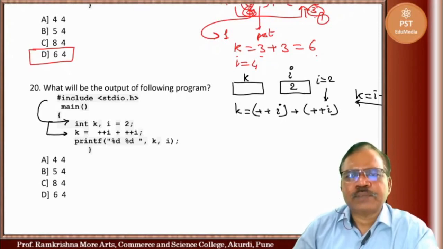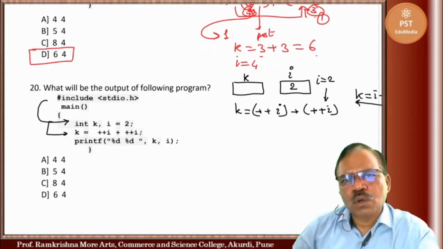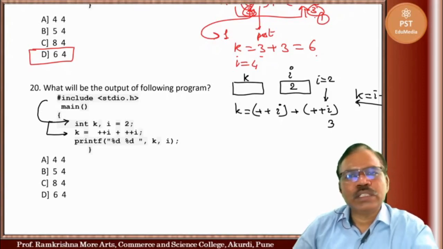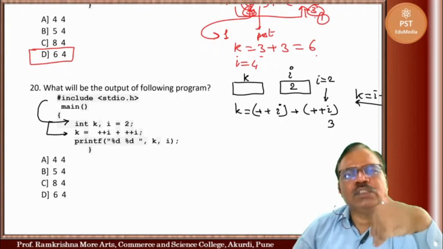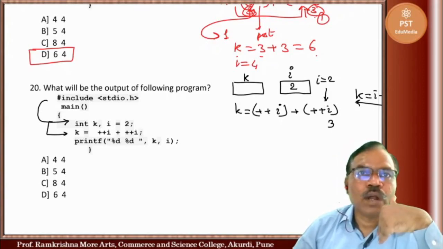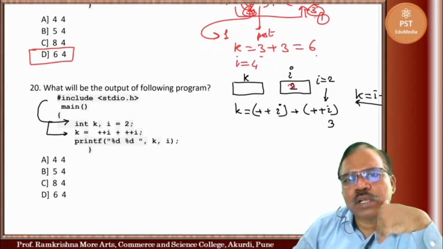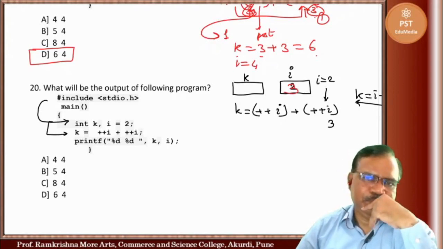It comes here. So what is the value of i? i becomes 3 here, which means ++i. It is a pre-increment, so first it is increased. Where i becomes 3, at the memory location it also becomes 3.